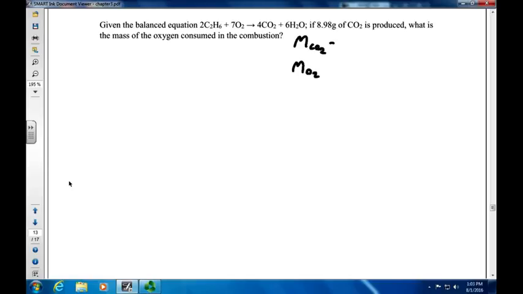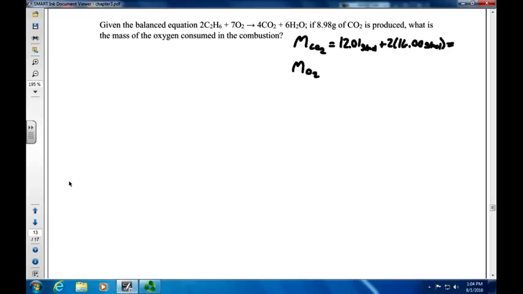The mass of CO2 is 1 carbon, which is 12.01 grams per mole, plus 2 times 16.00 grams per mole for the 2 oxygens.